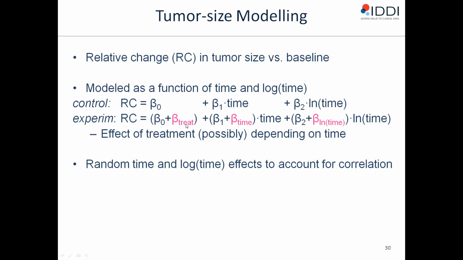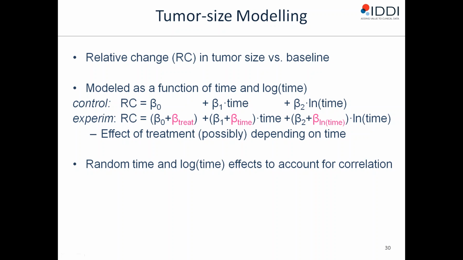So we can see that treatment effect can be expressed as any combination of these three coefficients. So we assume that the effect of treatment may possibly depend on time. But basically what we assume is that we have a trajectory of the relative change versus baseline depending on time, which can be different between the control and experimental arm.